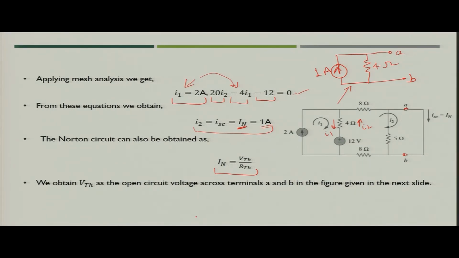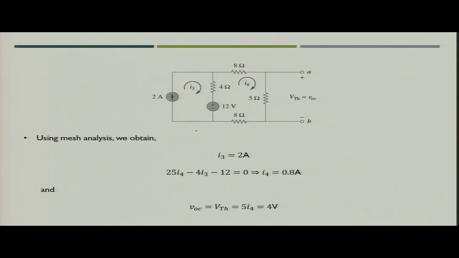So, we have to utilize our knowledge of Thevenin's theorem and find out the open circuit voltage across terminals A and B. If you see the figure again, we are not going to find the value of Thevenin resistance, because we know that Thevenin resistance is equal to Norton's resistance, which we obtained as 4 ohm. The next task is to find the value of Thevenin voltage, which is nothing but the open circuit voltage across terminals A and B.